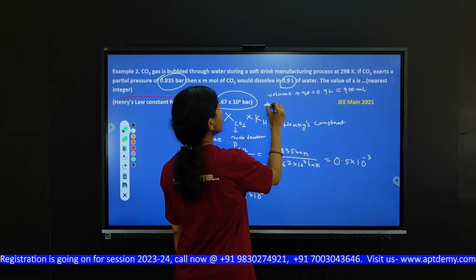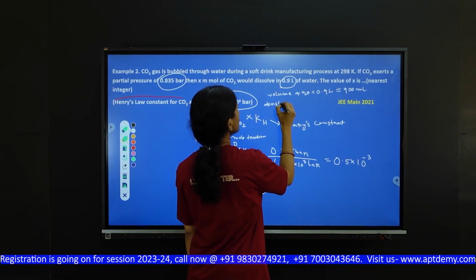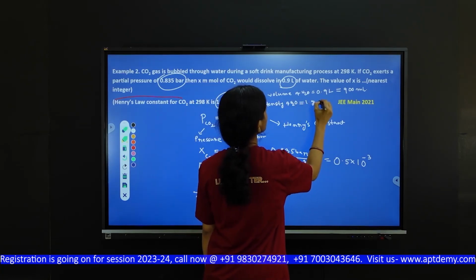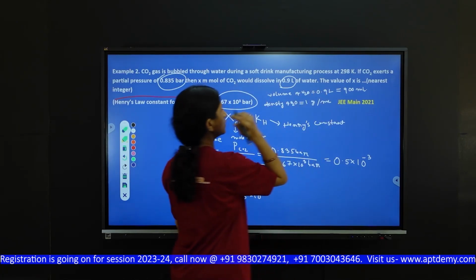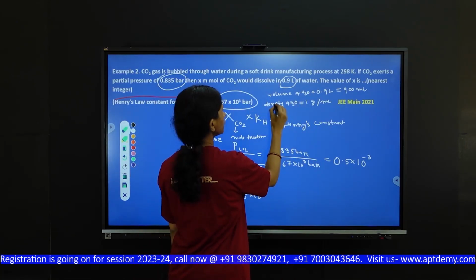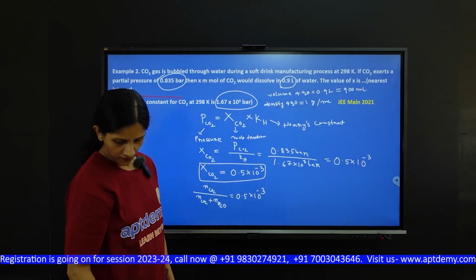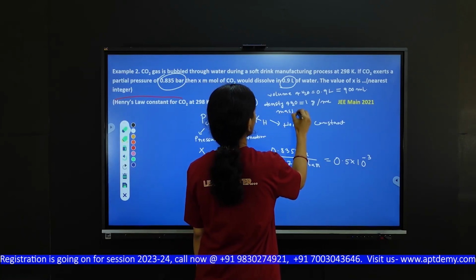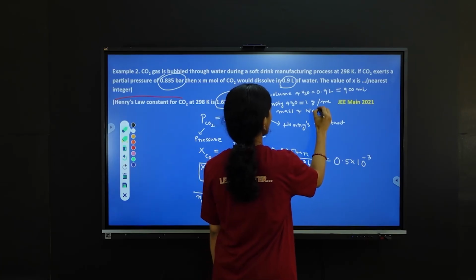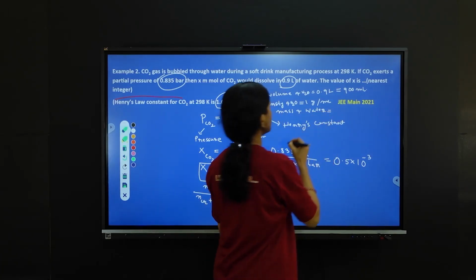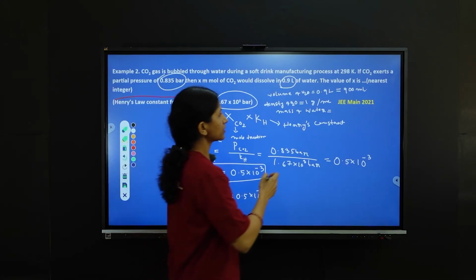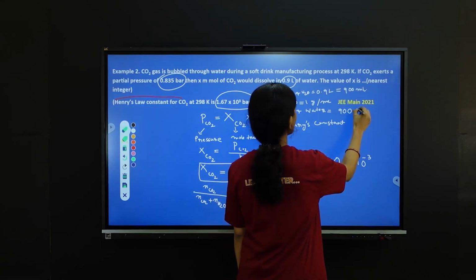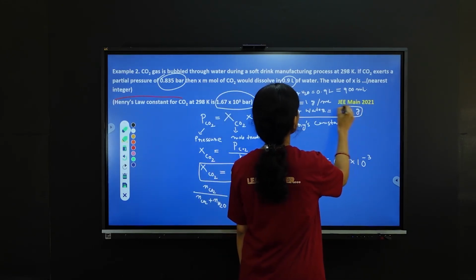And the density of water is 1 gram per ml. So from here you can easily solve the mass of water, which is the volume of water times the density of water, which gives you 900 gram. This is the mass of water.